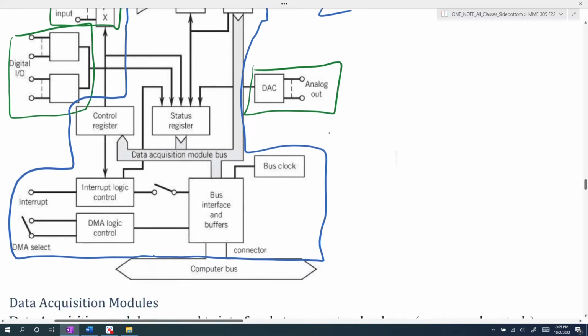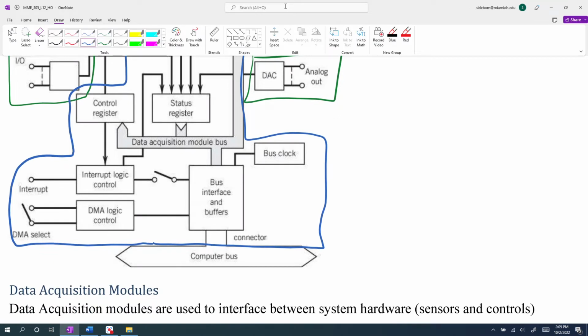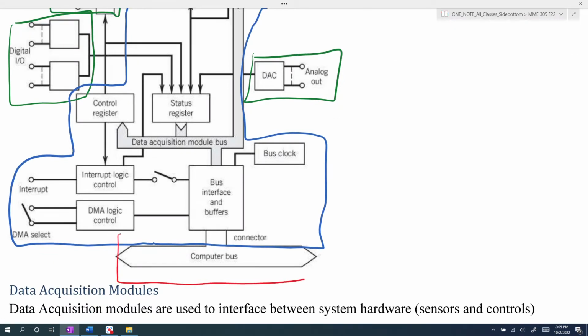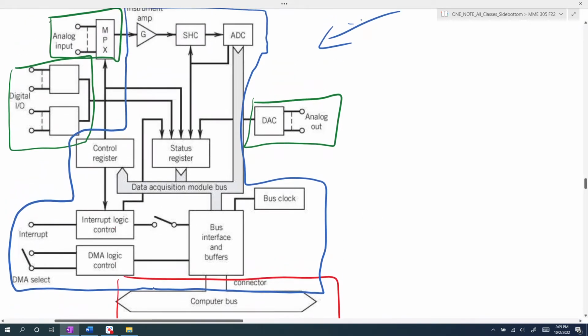Okay, and then typically you set up your system using a computer, where that computer will set up the data acquisition system with the parameters that you want to read in your signals and to send out your signals.